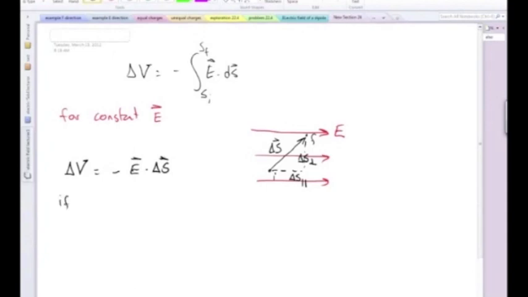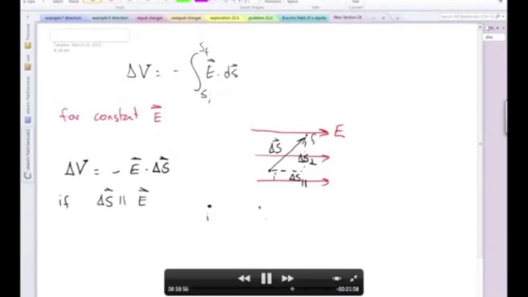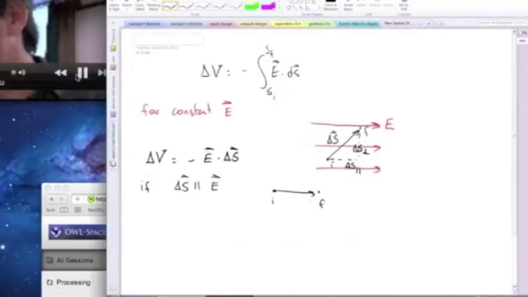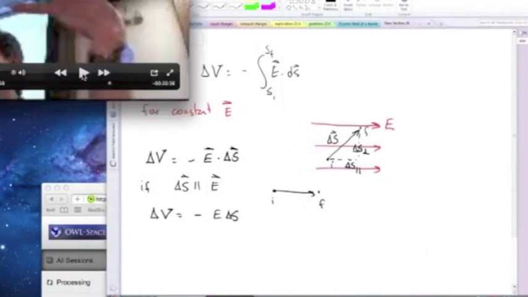So let's use this expression for the case when the displacement of the particle is parallel to the electric field. That is, if the initial point and the final point are along the x direction, along the direction of the electric field. Since E and delta S point in the same direction, the cosine of the angle between them is a positive number.